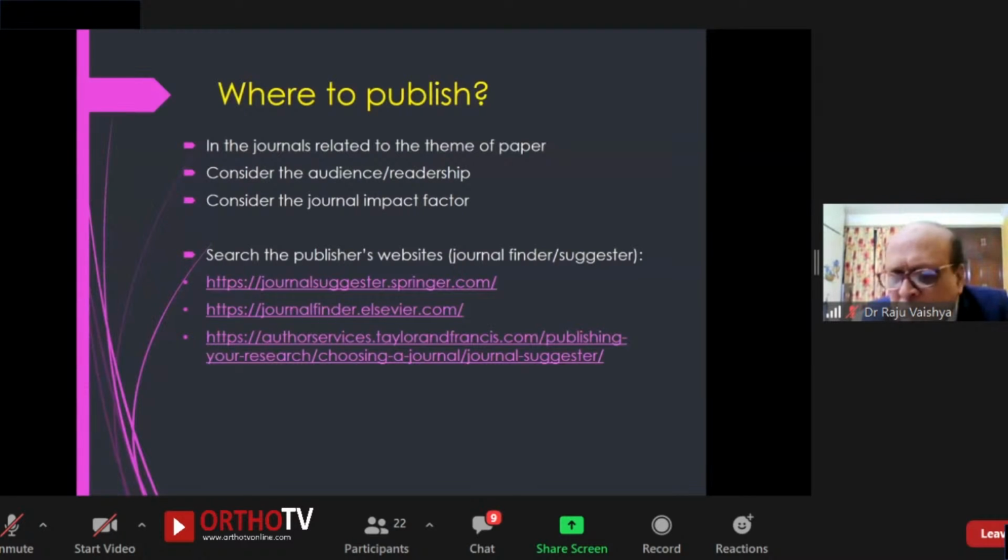And there is now online help available in the form of Journal Finder and Suggester, which is available on publishers' websites like Springer, Elsevier, and so on, that helps you in finding a suitable journal. If you put keywords and abstract in that format, the Journal Finder will suggest a dozen journals for your article.